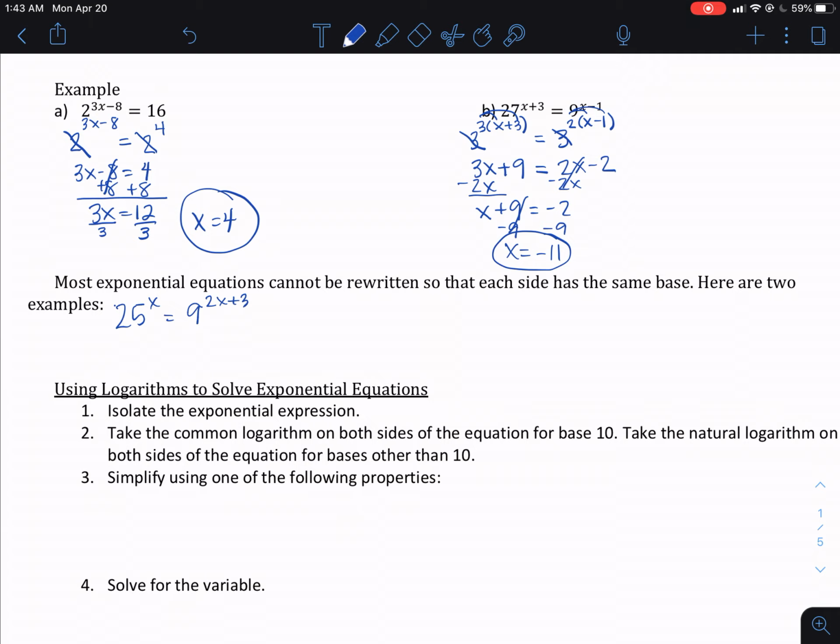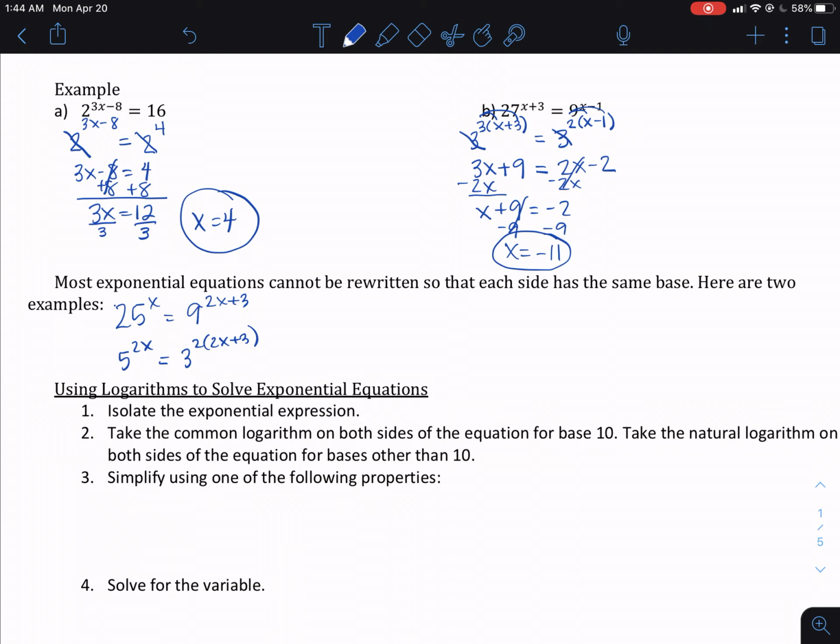We know we could rewrite 25 as 5 squared, and we can rewrite 9 as 3 squared. But again, the 5 and the 3 aren't the same, so they can't cancel. So we can't go any further.